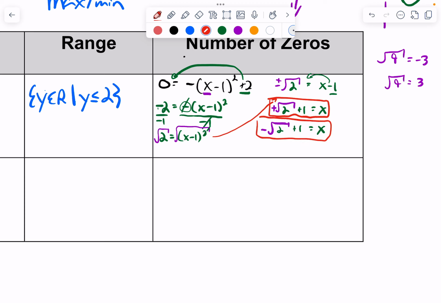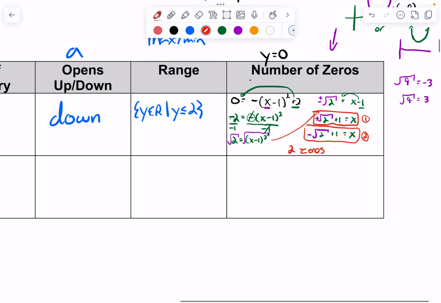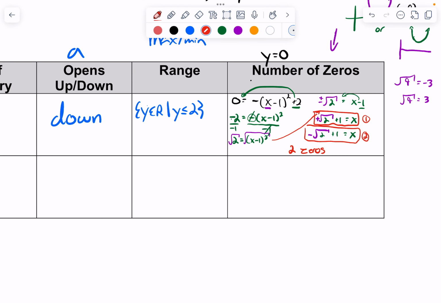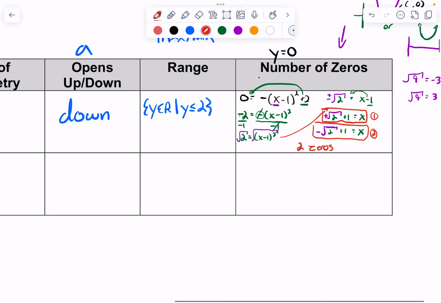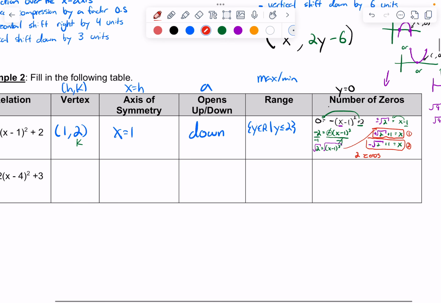So you have 2 solutions, 2 roots or 2 zeros. I'll give you the formula after we do the second one because I want you to be able to draw a conclusion. So in this case, we had 2 zeros. Well, let's fill in the chart for the second one.